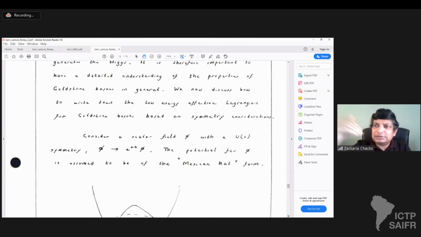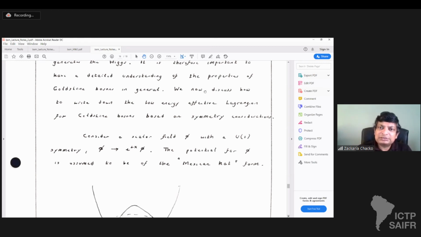But on the other hand, the Higgs is the Goldstone boson, and it's going to retain some properties that show its Goldstone boson nature. And so we need to have a detailed understanding of the properties of Goldstone bosons, right? And so let's do that.